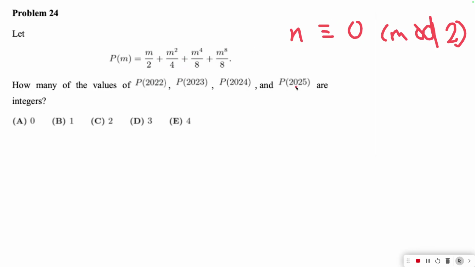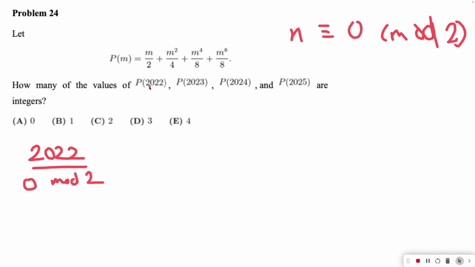So let's just consider each of these integers mod 2, 4, and 8 separately, so we can find what m would be, m squared, m to the fourth, and m to the 8th over their respective mods. So 2022 would be congruent to, this is divisible by 2, so it's 0 mod 2.